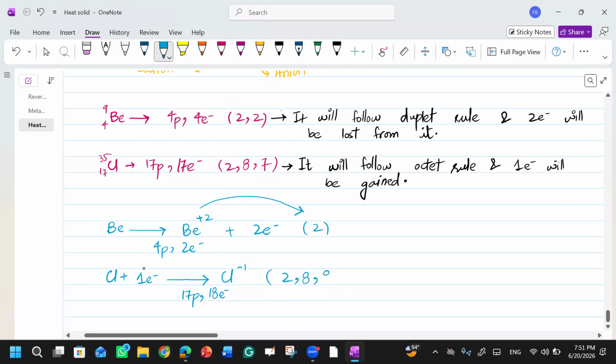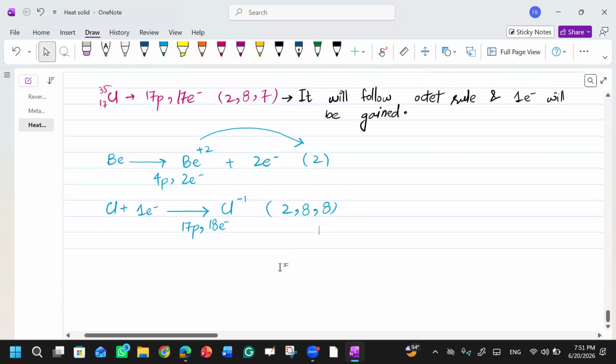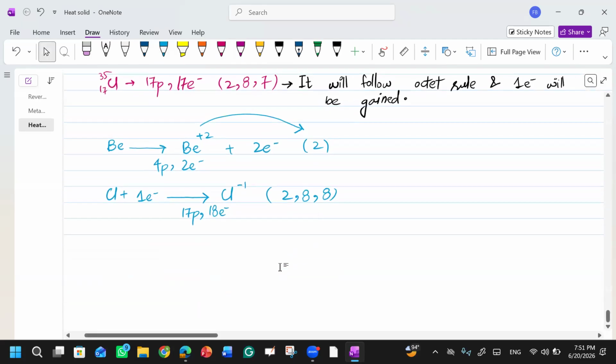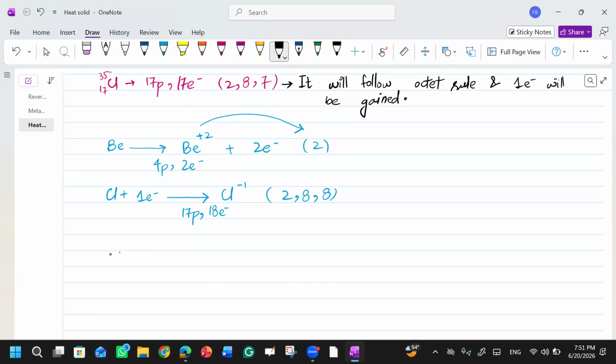Now how will we write the final equation? You will learn this in chapter number 4, but I am telling you now because we are doing this. You have beryllium 2 plus and chlorine minus 1.